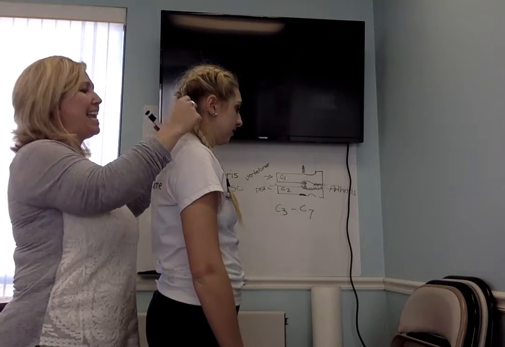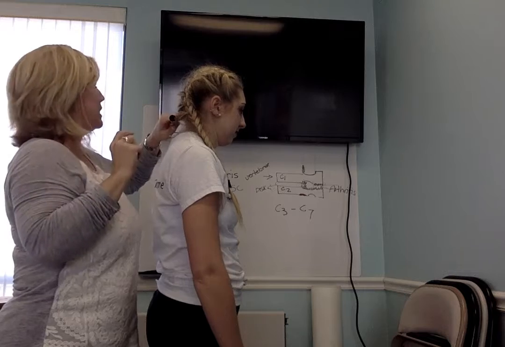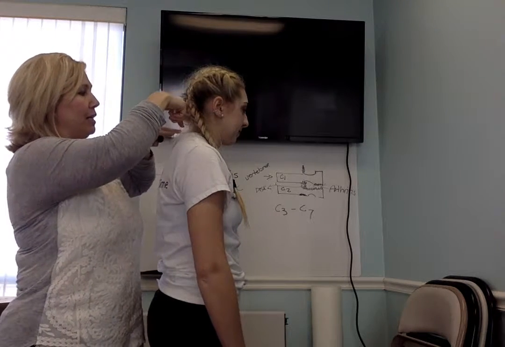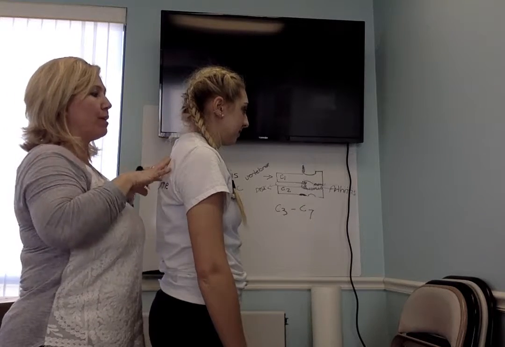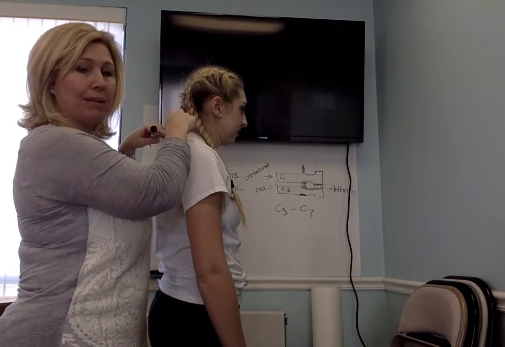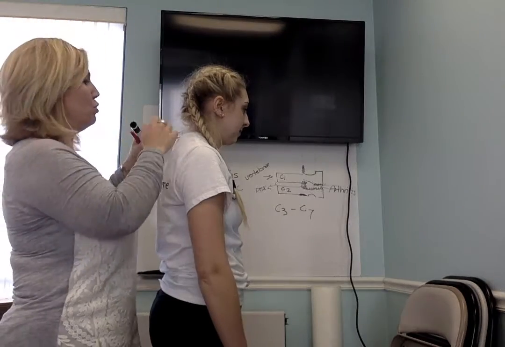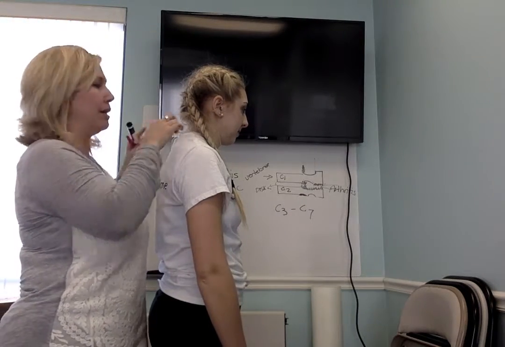So all of your pain is coming from C3 through C7, and typically you'll get headaches from that. You'll also get numbness and possible tingling that radiates down your arm, due to a pinched nerve in this area.